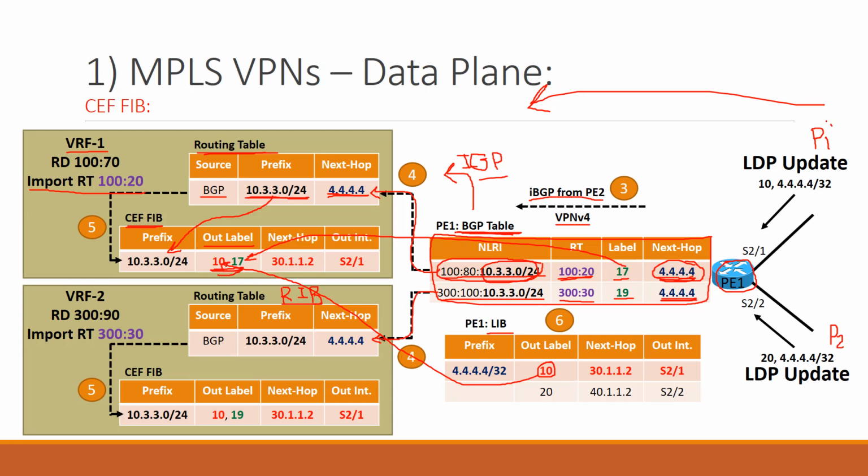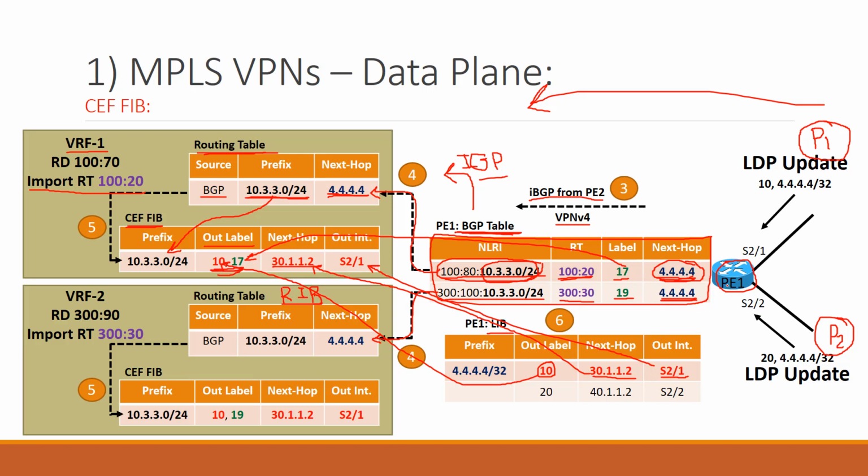Which one of these advertises the best label? It is P1, because it comes from here. So this will be the next hop, and this serial 2/1 output interface will be taken here, and then the CEF forwarding information base is ready.